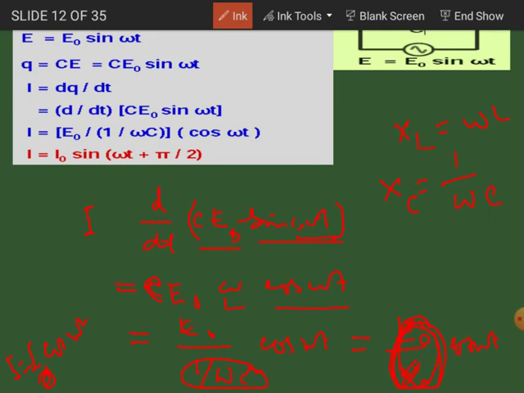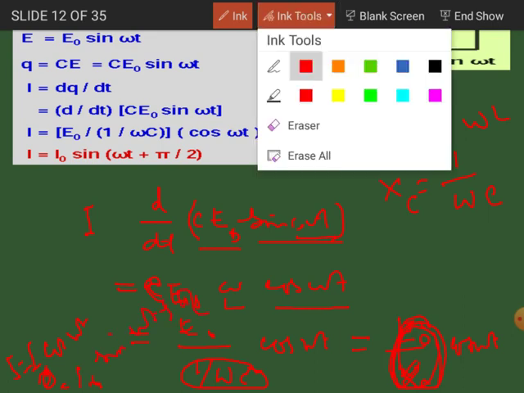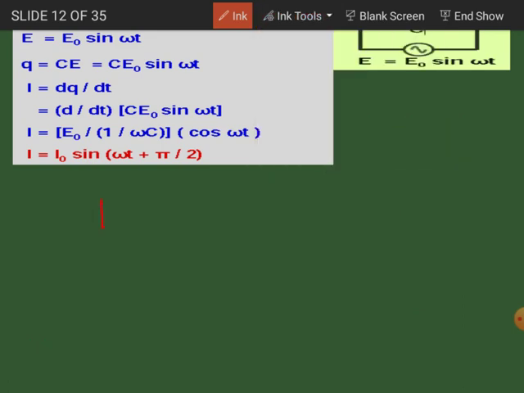So your I is equal to I naught cosine of omega t, but this cosine of omega t can be rewritten as I naught sine of omega t plus pi by 2. So that is what I have written here, got it?